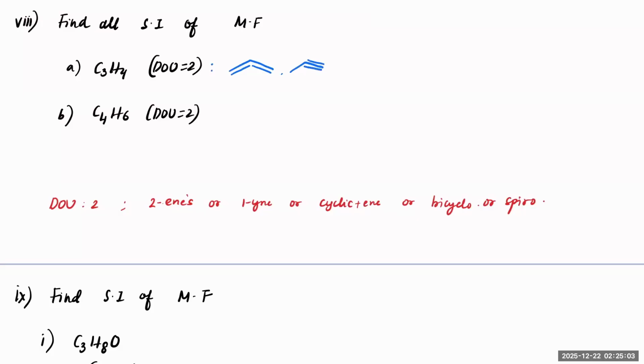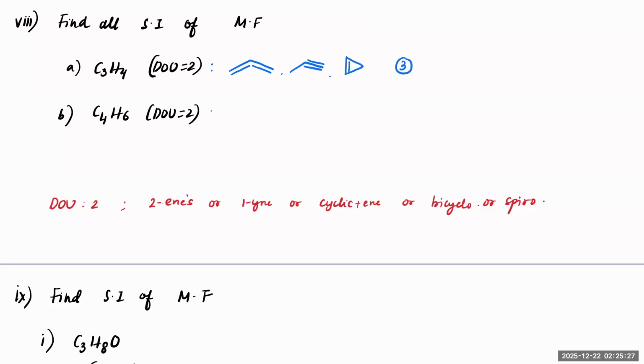So an alkyne can exist like this, and one cyclic plus ene. So cyclopropane plus ene like this, correct? And obviously bicyclo and spiro do not exist because there are not sufficient carbons, correct? So how many possibilities did we get? Three in this case.